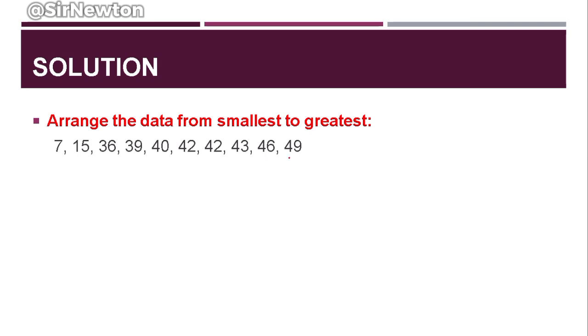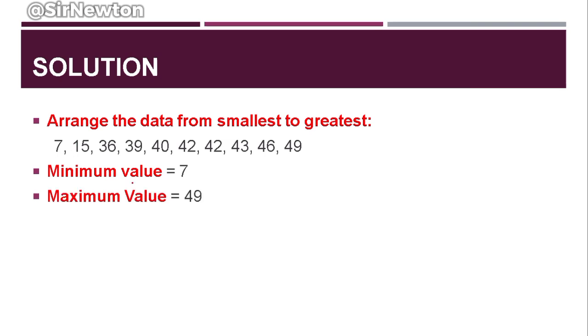That's the first thing you are supposed to do: arrange the data from the smallest to the greatest. When you are done, you identify the minimum value, or the smallest value. From the data, the smallest value is 7. The maximum value is 49.